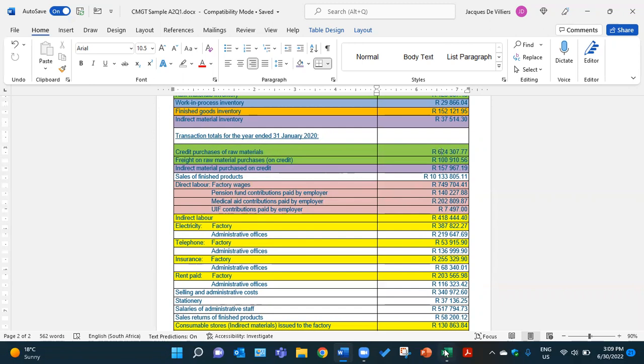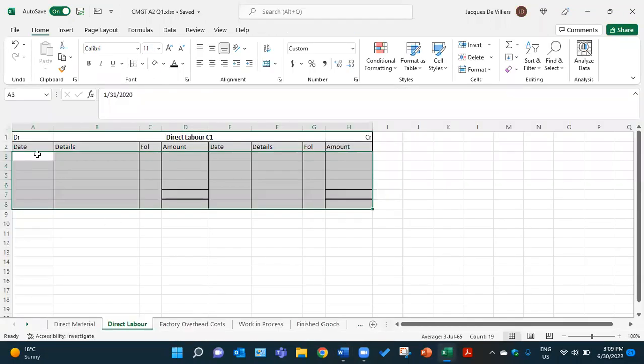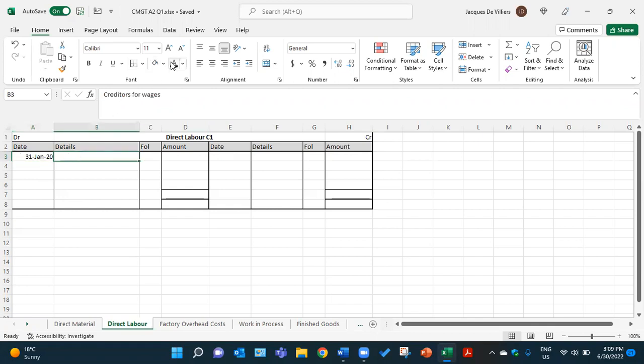Okay, so simply go here and we say, okay, in terms of direct labor, there's no opening balance. Okay, it's a normal expense account. So I'm not going to have an opening balance just on the 31st of January, in other words, the last day of my financial year. I have certain entries here, creditors for wages.